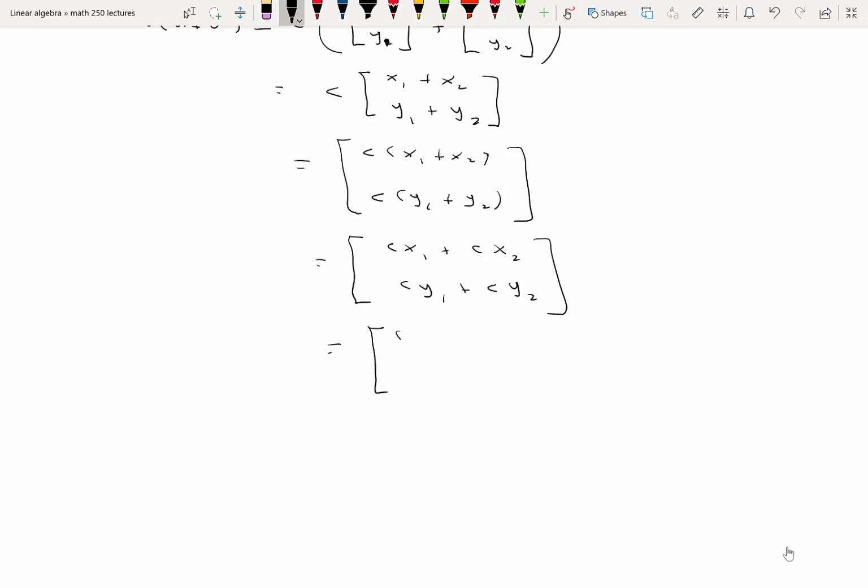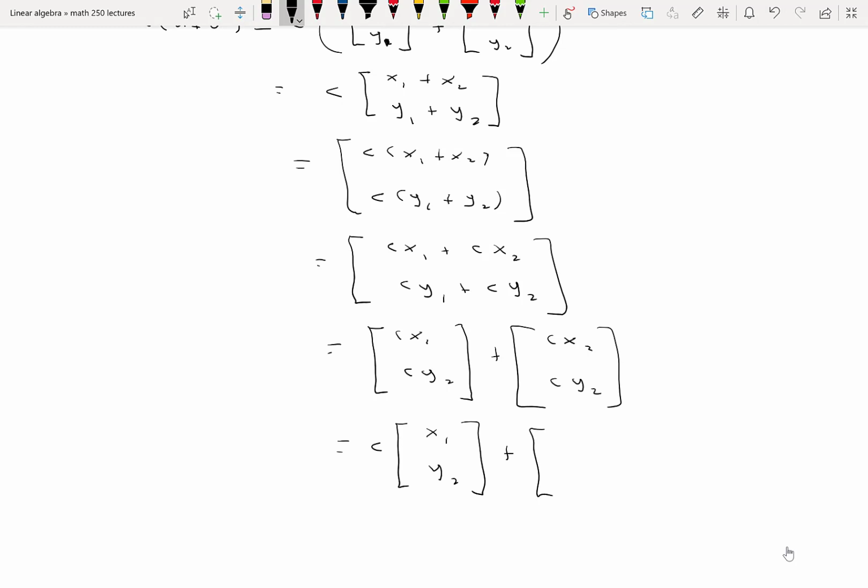I'm going to tear this apart into the sum of two column vectors. How can I do that? The definition of ordinary matrix addition. That's our vector space addition. I'm going to factor out the C's. Why? My scalar multiplication is ordinary scalar multiplication that we grew up with in chapter 1.